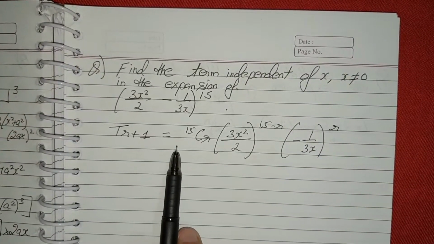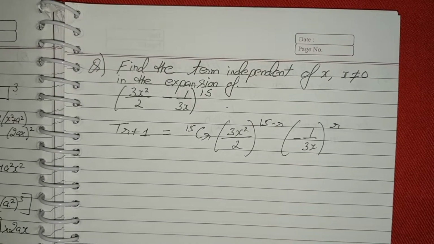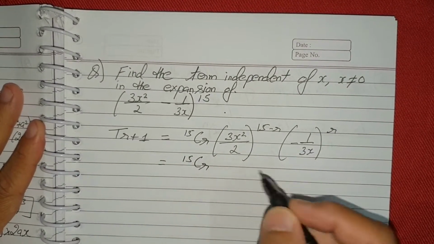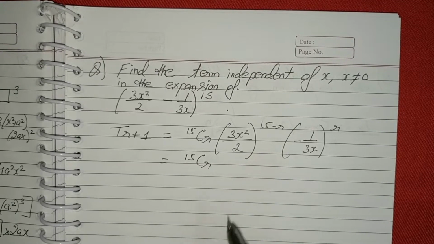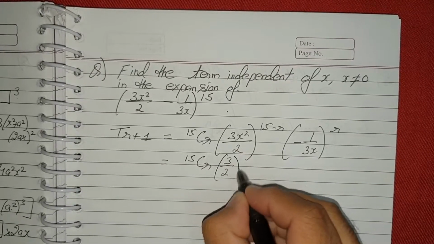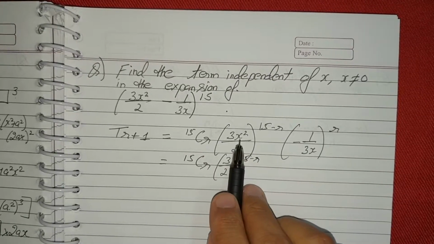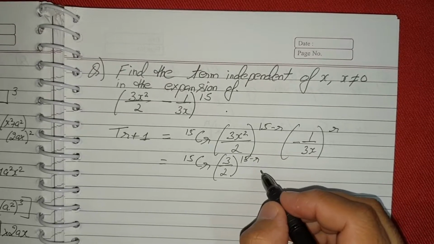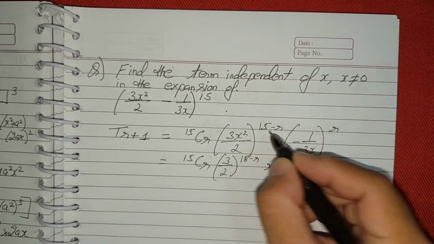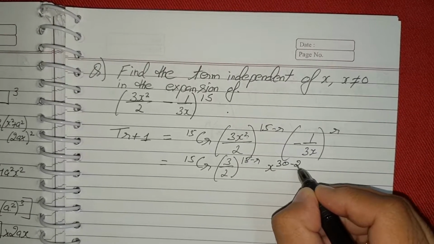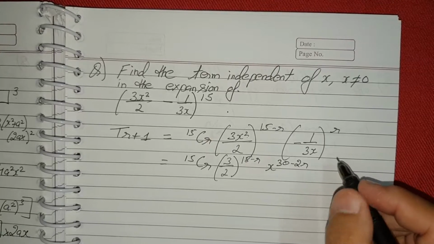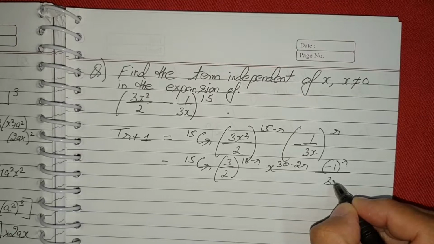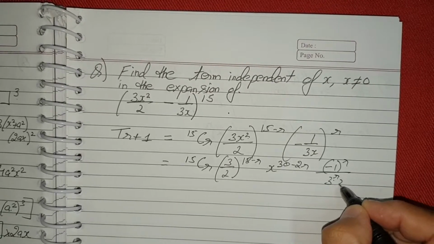In this question, instead of doing minus 1 to the power r, I have taken directly minus 1 by 3x to the power r. So, 15 cr. Now, this is 3 by 2 to the power 15 minus r, that is understood. Now, x is x square to the power 15 minus r, so you can write x as 2 into 15, 30 minus 2r, and this you can write as minus 1 to the power r, and 3x means 3 to the power r and x to the power r.